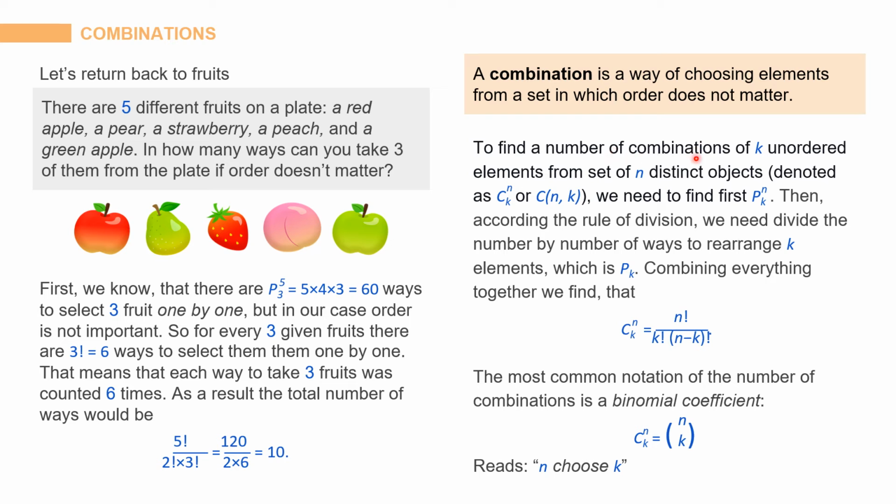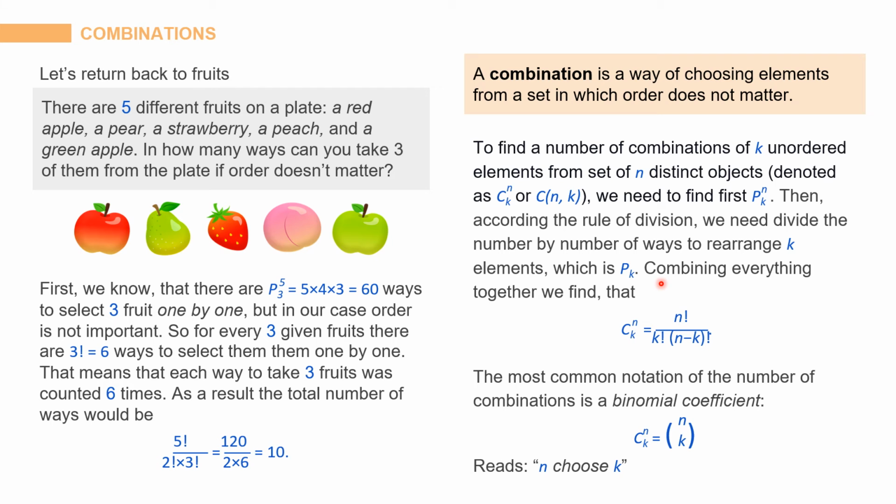To find the number of combinations of k unordered elements from a set of n distinct objects, denoted by C superscript n subscript k, or C parentheses n comma k, we first find P superscript n k, and then, according to the rule of division, we need to divide by the number of identical ways to arrange the k elements, because we don't care about the order in which they were selected. And we did care about the order in P sub k.